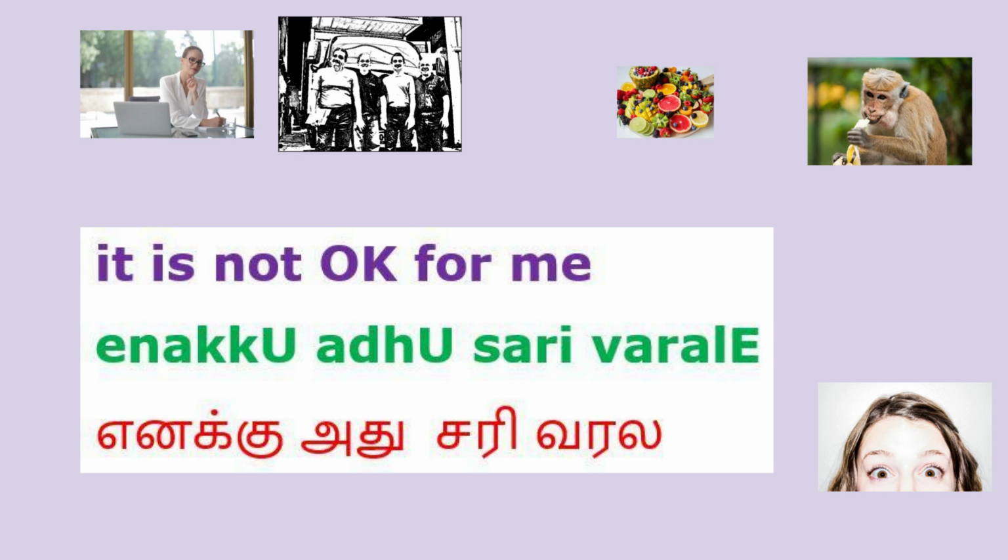It is not okay for me. எனக்கு அது சரி வரல. To me, அது, that one, சரி வரல, it is not okay. But here, just understand, அது remains. I've just given one sentence for you to better understand. அது here is not a direct object. If you make the sentence differently, you will say, that is not okay for me. So that is a pronoun there. That's the subject.